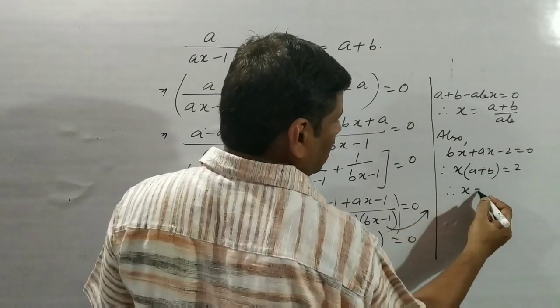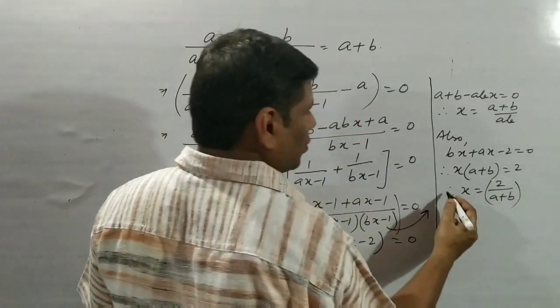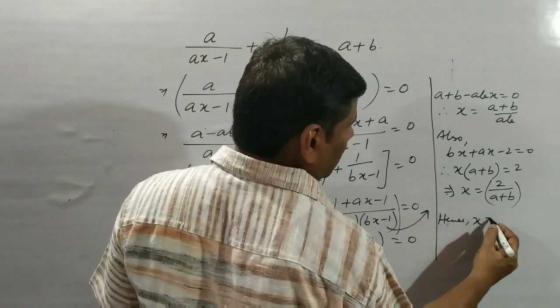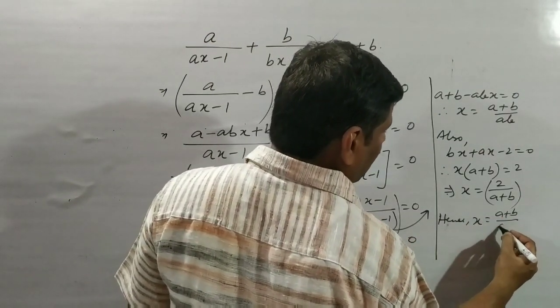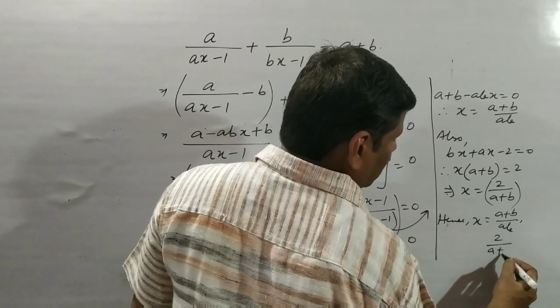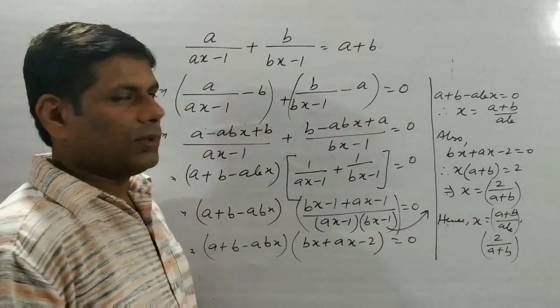Therefore x is equals to 2 by a plus b. Hence we have two solutions: x equals to a plus b by ab and 2 by a plus b. So these are two solutions of this question, which are called roots of the equation.